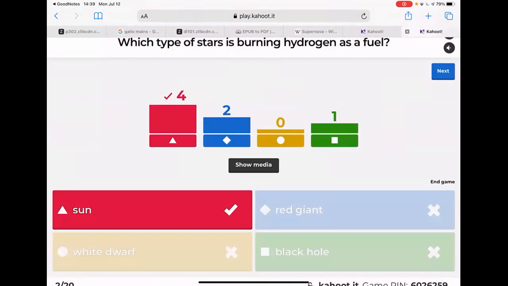Right? The sun is still burning hydrogen as its main source of fuel. The red giant, it's kind of a bad question. The question should be, which type of star is burning hydrogen as its main source of fuel? Because those who answered red giant, you are correct. It is burning hydrogen as a fuel, but just in its outer shell. It's not its main source, so if you answered red giant, you're still correct.